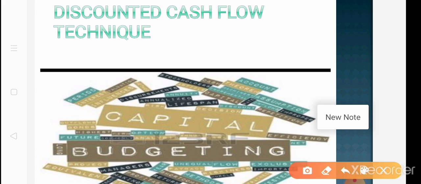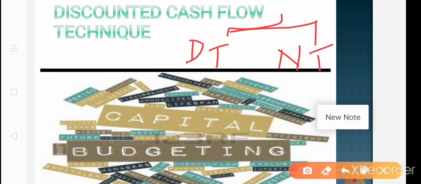This investment appraisal technique can be divided into discounted techniques and non-discounted techniques. Non-discounted techniques are the traditional techniques. Here, we are not considering the time value of money.